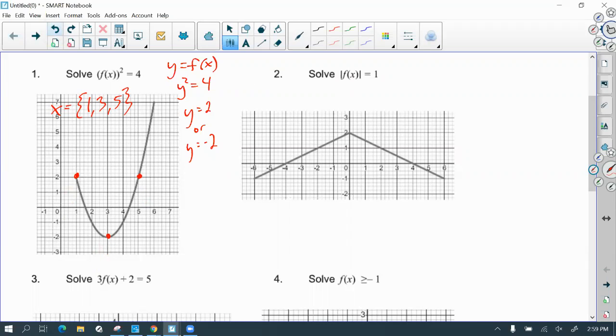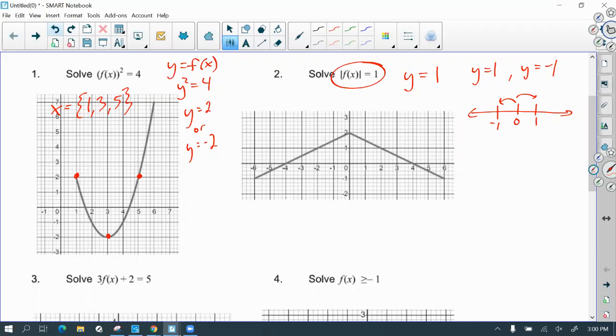Number 2, following suit. The distance that y is from 0 is 1. Well, that means y could have a value of 1 because 1 is 1 away from 0. Or y could have a value of -1 because -1 is also 1 away from 0.